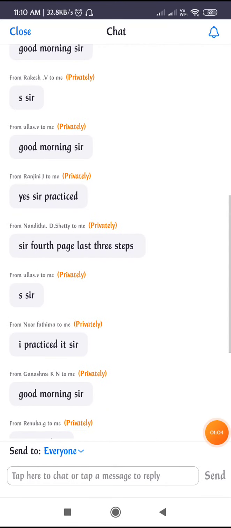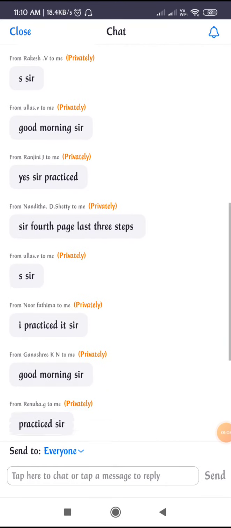Okay, Nandita has asked, sir, fourth page, last three steps. Okay, fine. Yeah, Harsh. Just underline which step you want me to explain. Underline it. Highlight it. Harsh and Nandita.